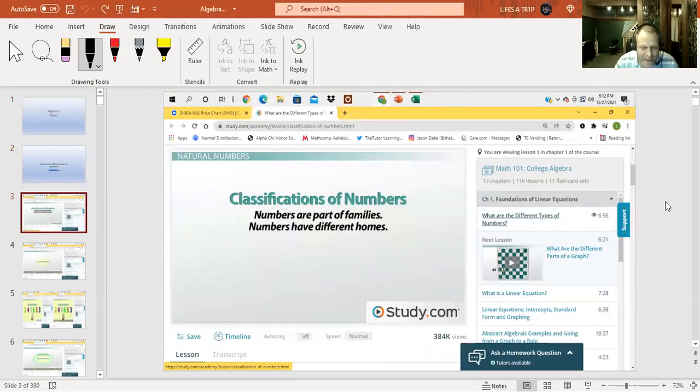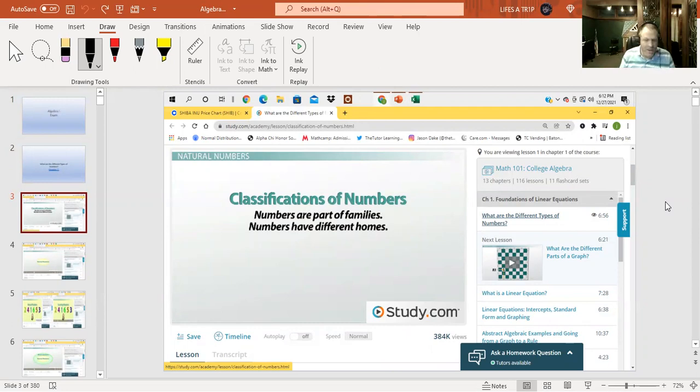Let's look at the classification of numbers. Write this down, guys. Numbers are part of families. Numbers have different homes. Everything is a buildup, guys.